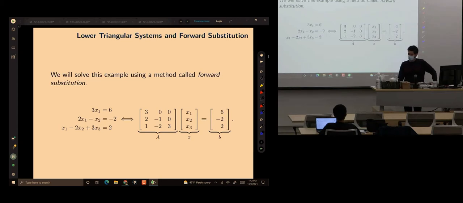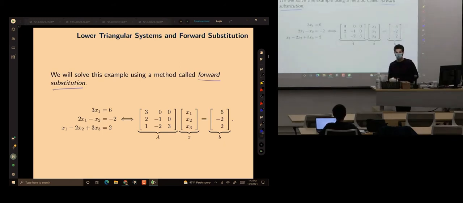But in the context of solving a linear system of equations, the structure of triangular matrices is interesting because if it's lower triangular, it leads to the forward substitution algorithm. That means that if A is lower triangular, I give you a system of linear equations, you can solve it. You can code it, you can solve it, any number of equations. For example, here we have 3.